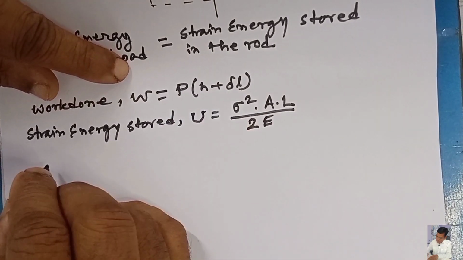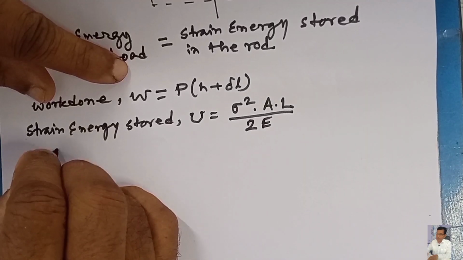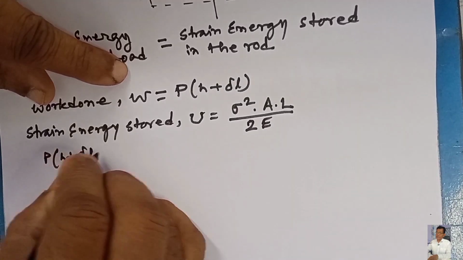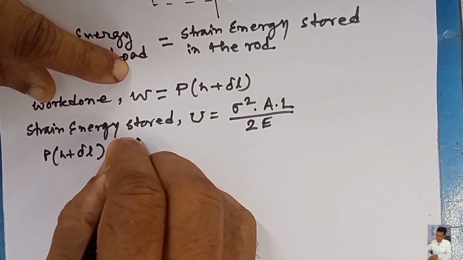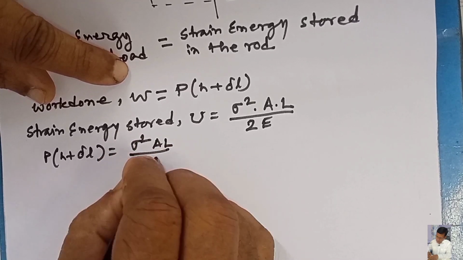Equating these two, we will get P into (H plus del L) is equal to sigma square AL divided by 2E.